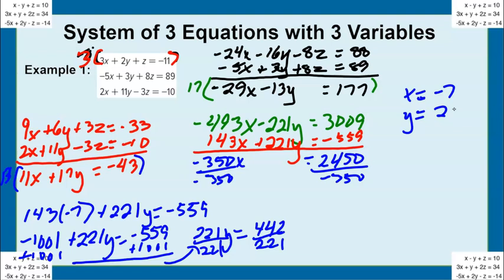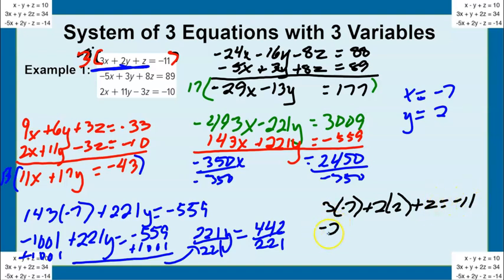Then since I have my x and my y, I'm going to go back to one of my original equations. I'm going to use this top one right here so I can solve for z. So I have 3 times a -7 plus 2 times 2 plus z is going to equal a -11. So this gives me a -21 plus 4 plus z equals a -11.